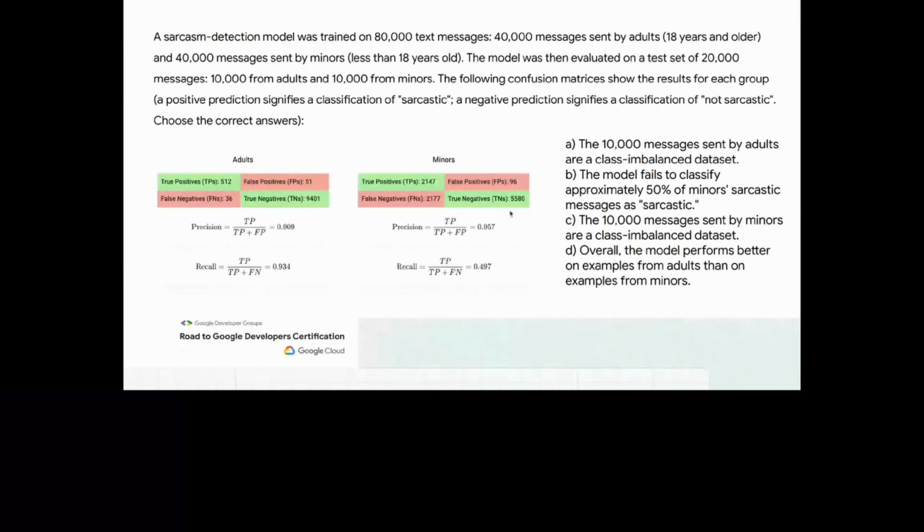Again, A is 10,000 messages sent by adults are a class imbalance data set. The model failed to classify approximately 50% of minor sarcastic messages as sarcastic. The 10,000 messages sent by minors are a class imbalance data set. Overall, the model performs better on examples from adults than examples from minors.